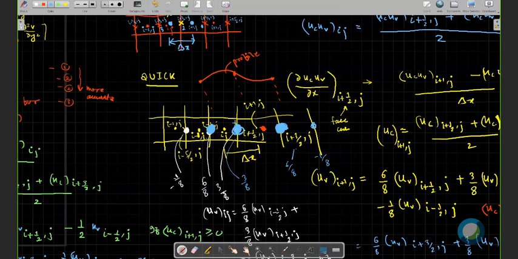So you have to decide the weights accordingly. The 3 by 8 weight will come to this, and then 6 by 8 and minus 1 by 8. So you write for that.